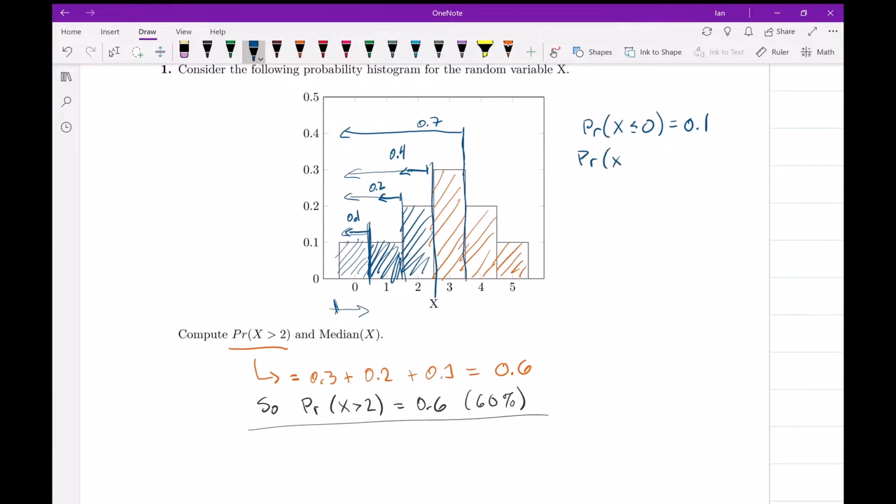Probability of x less than or equal to 1 equals 0.2. Probability of x less than or equal to 2 equals 0.4. And then if I include the next one, probability of x less than or equal to 3 equals 0.7. So this is where we pass 50%.